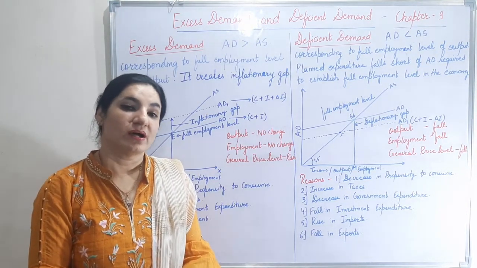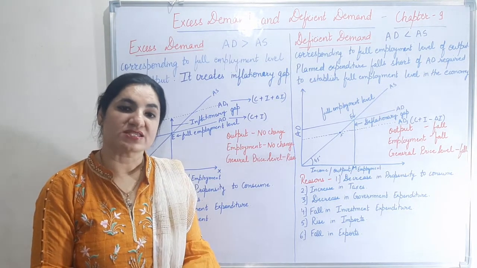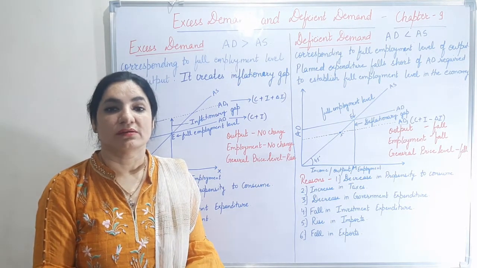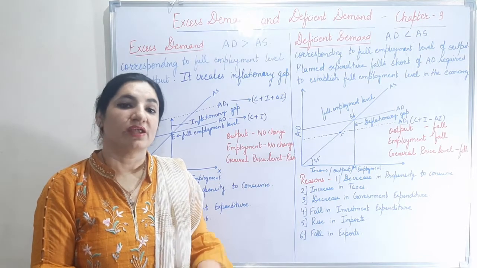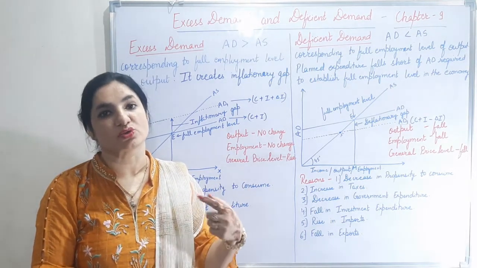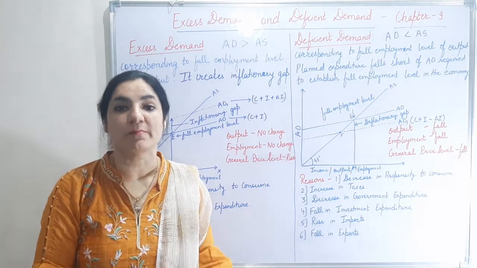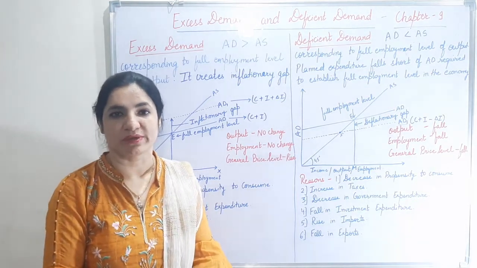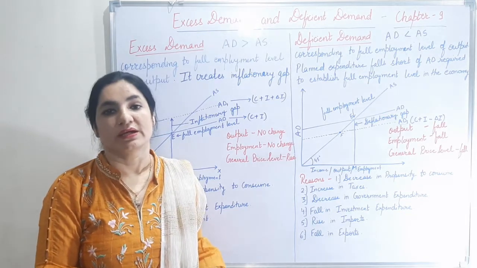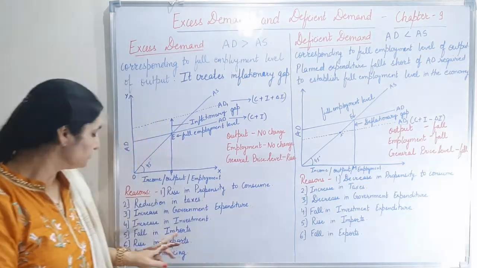We have seen this in my last video, which I posted for investment and the multiplier. When investment is increased, the investment multiplier also increases the income multiple times in the economy. So when investment is increased, the income also increases.